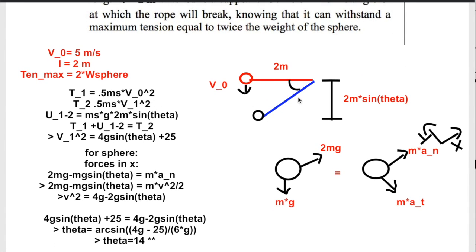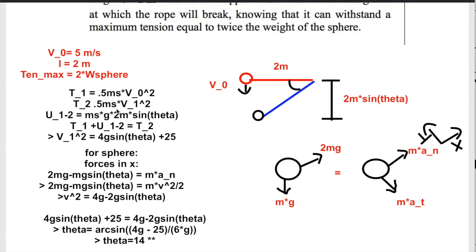So we do our initial free body diagram, the initial point, and then this theoretical position at theta where the rope would break. We know our initial kinetic energy is just 1/2 mass times velocity squared.